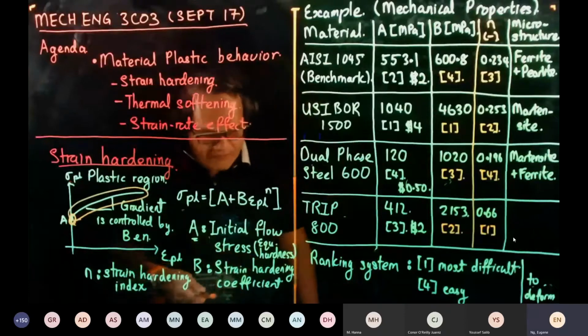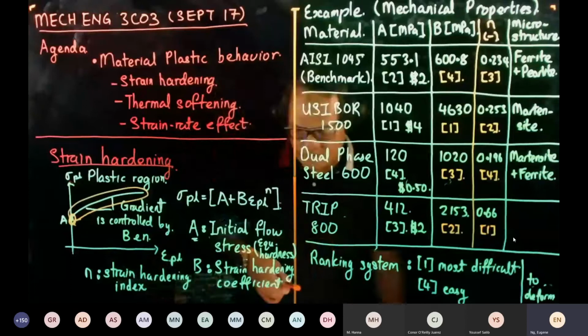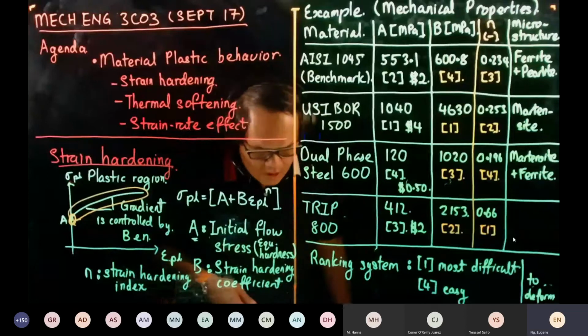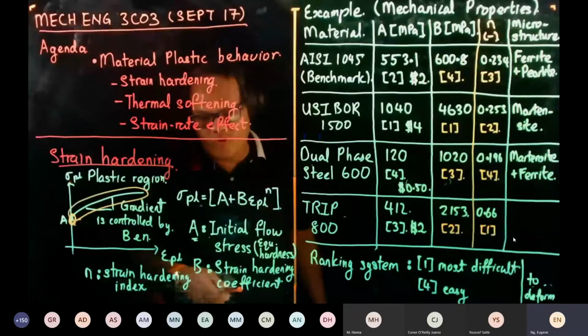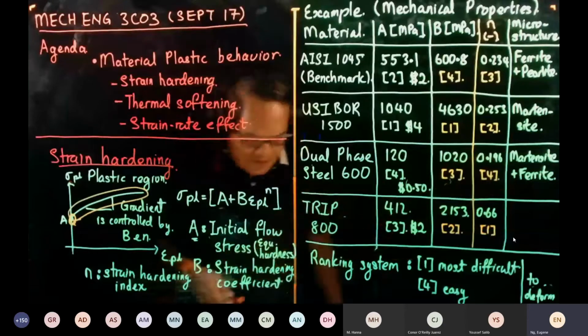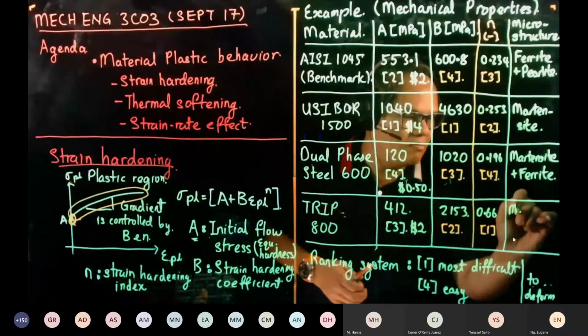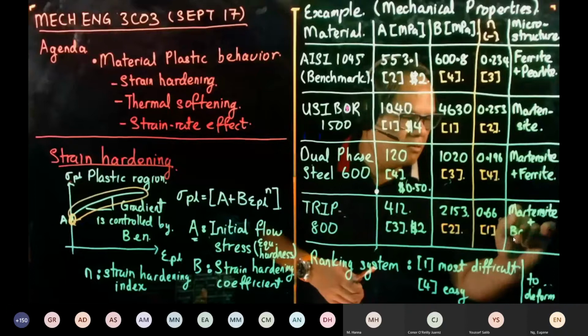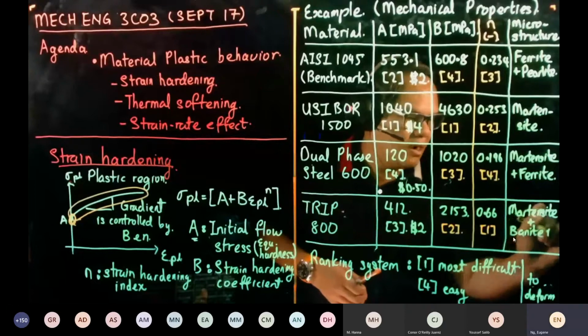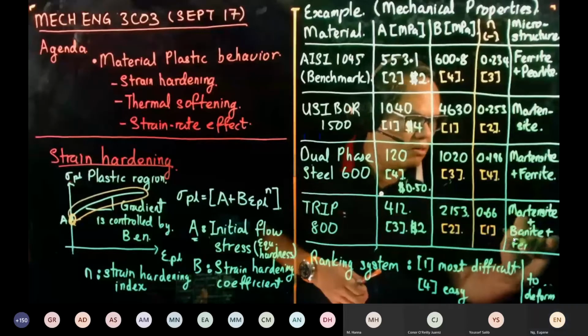And the last one is our so-called TRIP steel. Later on I'll explain why TRIP 800 is not because it's going on holiday. It's going to be going 800. So you have martensite plus bainite plus ferrite, and then plus I need one more.